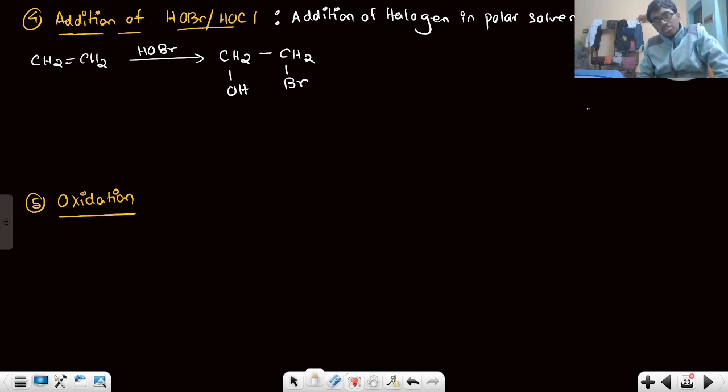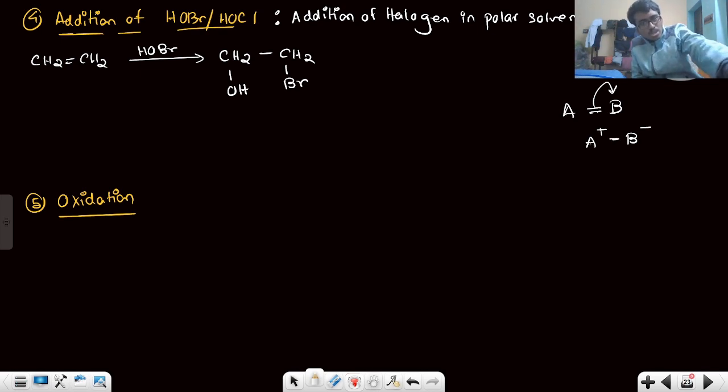Achha, remember in GOC I have told you that when a double bond breaks, A double bond B, then arrowhead, whoever is facing the arrowhead gets a negative charge and another person gets positive. This type of thing happens. So similarly the bond breaking, so one carbon is getting plus, one is getting minus, so there must be a plus one, that is electrophile, and there must be a nucleophile attacking, then only it will be possible.